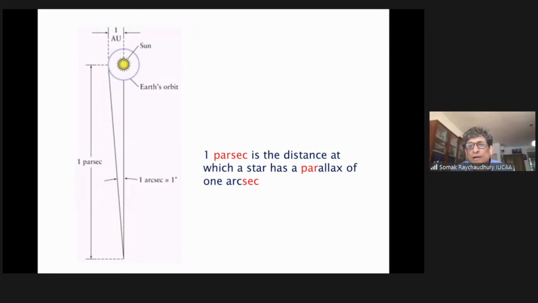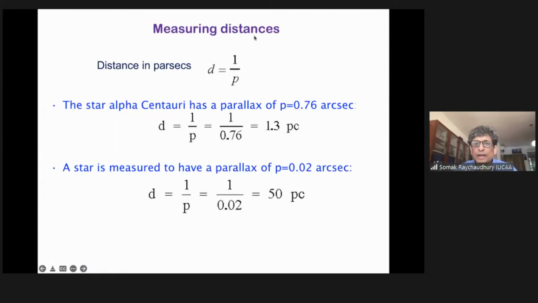The sun-Earth distance is the basis of our measurement of parallaxes to the stars, and that leads us to looking at how, as the Earth orbits around the sun, the star moves on the sky, and as a result, distances are measured.